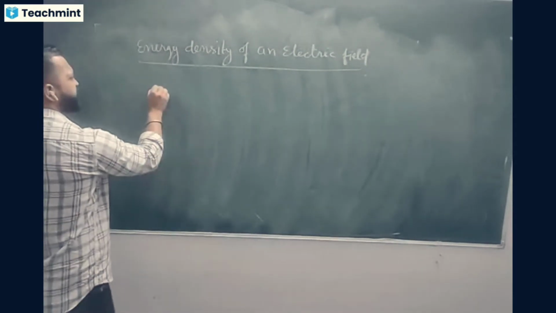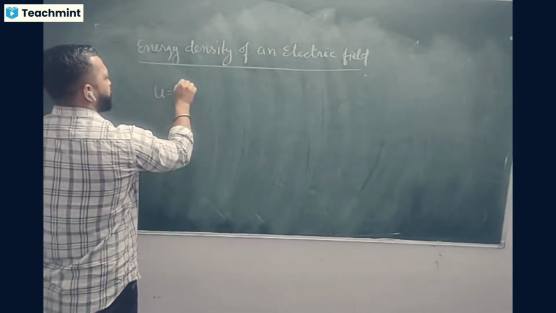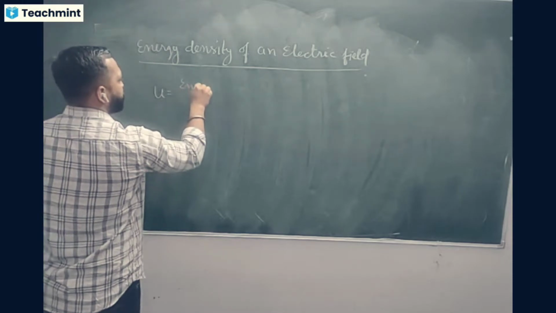So basically energy density can be given as energy per unit volume.